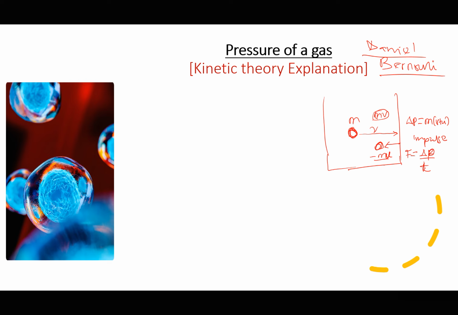So when the gas molecule hits the wall of its containing vessel, it rebounds. There is a change in momentum of the molecule, and it experiences what we call an impulse. Impulse is simply change in momentum. Then remember Newton's third law, which in A level we shall just be writing as N3. When I see N3, I know it is Newton's third law.